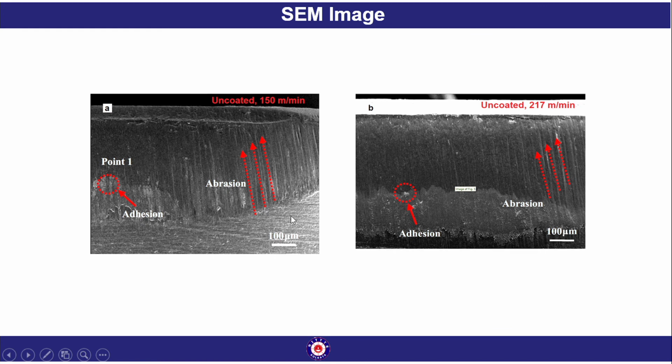Again the same thing, when this material is cut at a higher speed with an uncoated cutting tool and the cutting speed is 217 meters per minute, then this adhesion is more prominent if you compare, and this is the abrasion of the cutting tool.